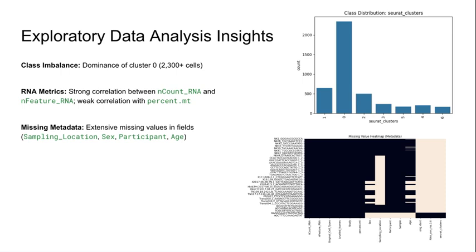Second, I found there was a strong correlation between two features, nCount_RNA and nFeature_RNA, which does make sense biologically. However, I found extensive missing metadata in key fields like sex and sampling location, which means I really wouldn't be able to use these features as much in training my model.